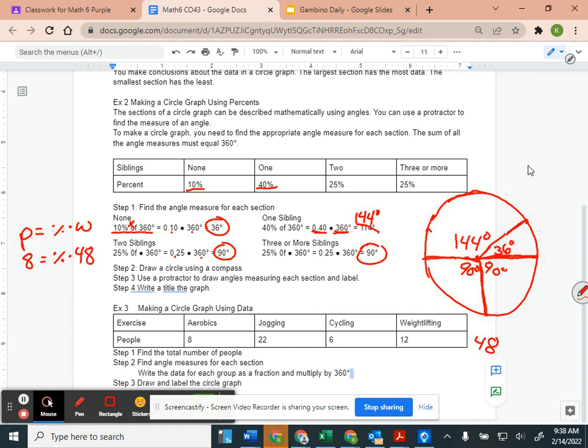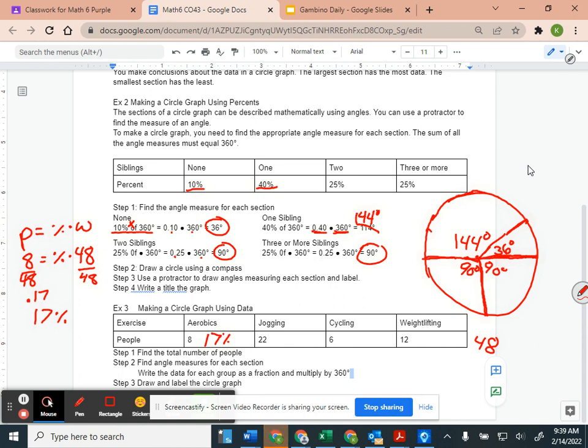My whole is 48. What math do I have to do, Brielle? 8 divided by 48. So I'm going to divide both sides by 48. And 8 divided by 48 is 0.17. I'm rounding it, which would be 17%. So 8 people is 17%.